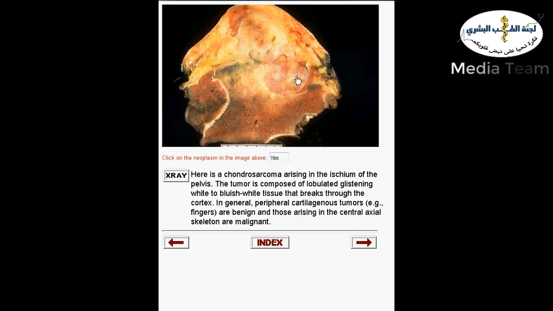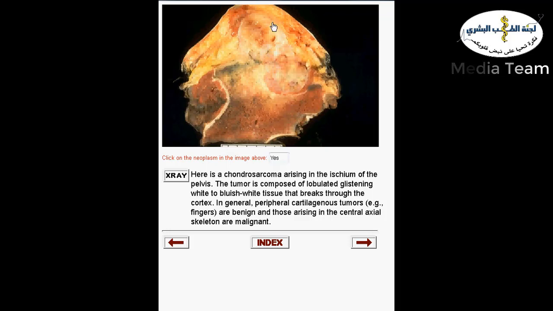So this white to gray appearance gives you a hint that there is cartilage inside this tumor. And when you cut it with your knife, you will sometimes feel the cartilaginous consistency of the material in that tumor.